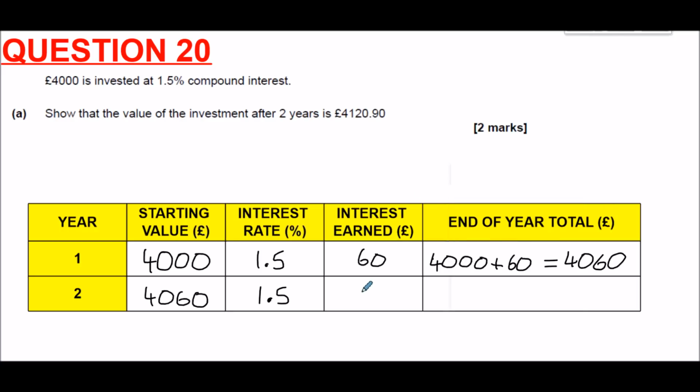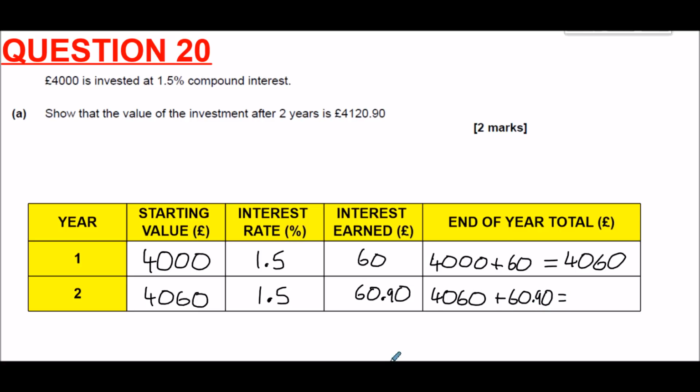That represents £60.90. So slightly more interest. Like I said, because it's compound interest, this interest will change from year to year. So now for year 2, the end of year total is 4,060, what we started with at the beginning of year 2, plus the £60.90 interest.